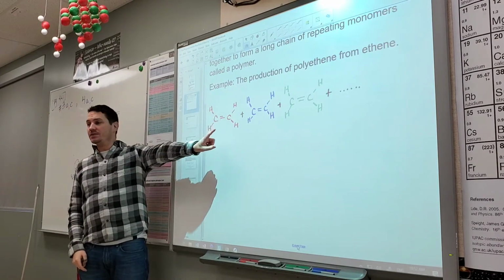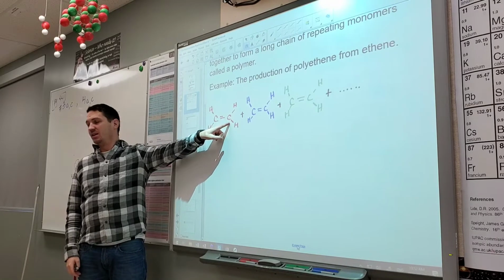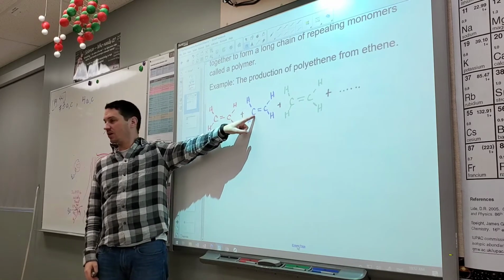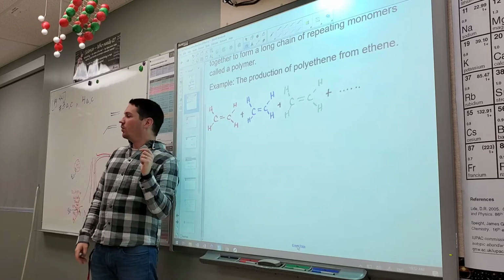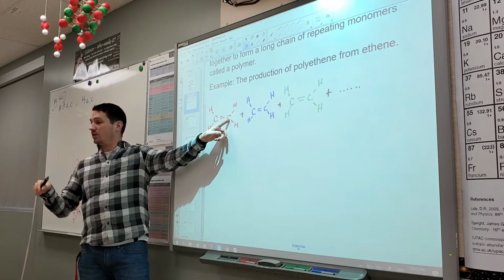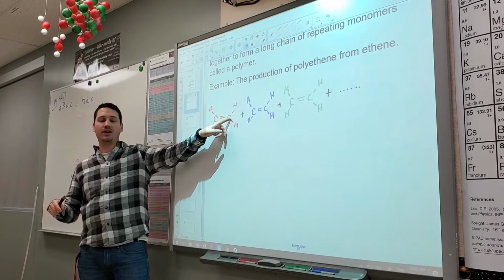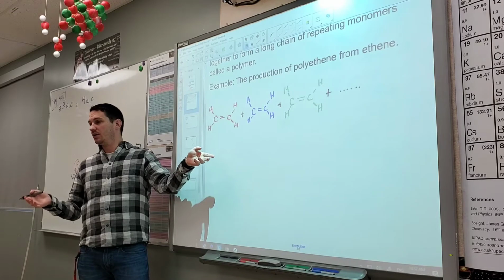But once the catalyst kickstarts it, let's think about this. How many hydrogens are on this second carbon here? Two. How many hydrogens are on the next carbon? Two. Normally, if this was the end of a molecule and we didn't want the double bond here, how many hydrogens should be on here? Three, right?